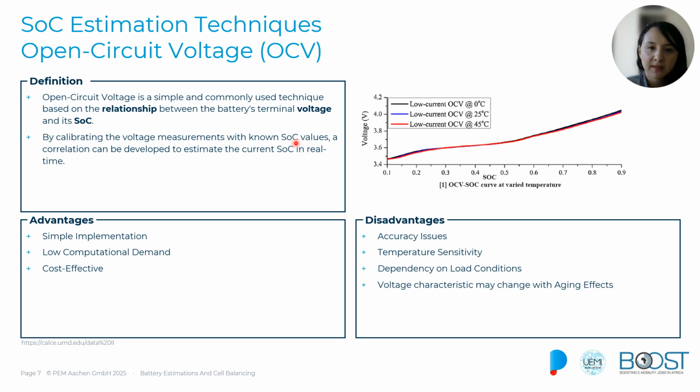How do we implement this type of algorithm then? First of all, the battery must be left idle for a specific time, meaning it has to reach a stable open circuit voltage. Once the battery is relaxed, we take the voltage measurement, and that measurement has to come with high precision, since the voltage readings are dependent on the battery temperature.